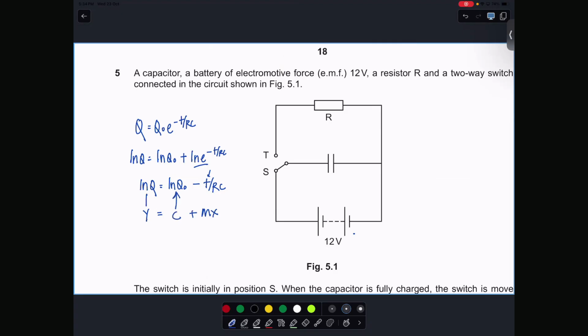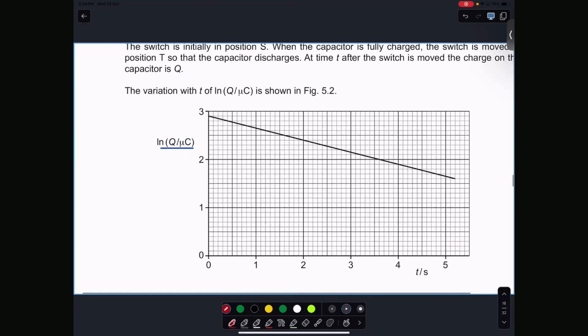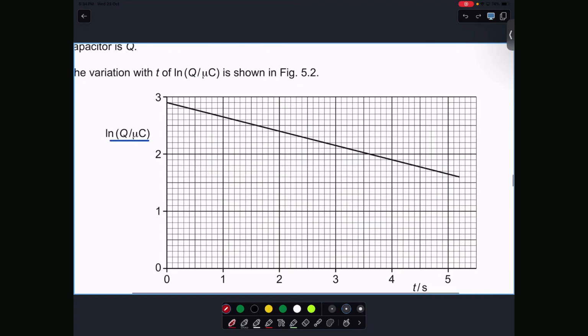C will be ln Q naught. My x is going to be T. And what is my m going to be? The gradient of the graph: minus 1 by RC. Do you see that the graph has a negative gradient? The gradient of this graph is minus 1 by RC, or minus 1 by tau. I don't know what the question will be later on, but let's just break this down.